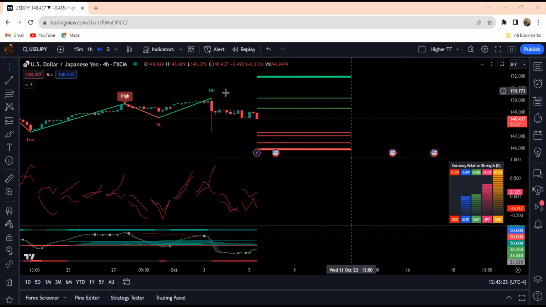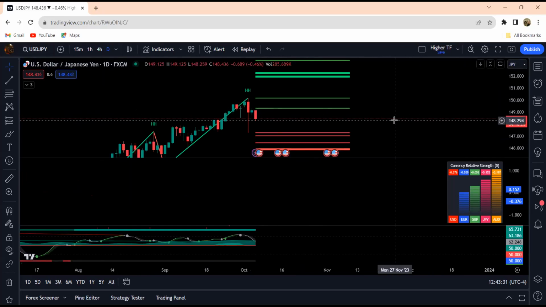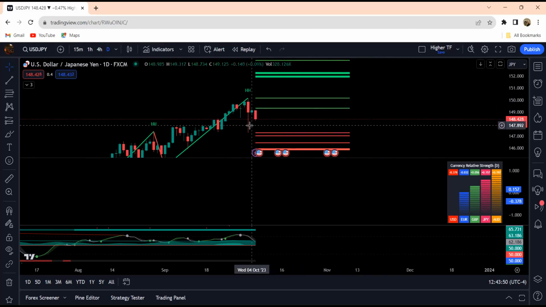On this one, we take a quick look at the daily, and of course we're looking at USD JPY. That is the pair that I'm currently trading. What we're looking at on this daily time frame is basically directional bias, and we see that our directional bias is to the downside.